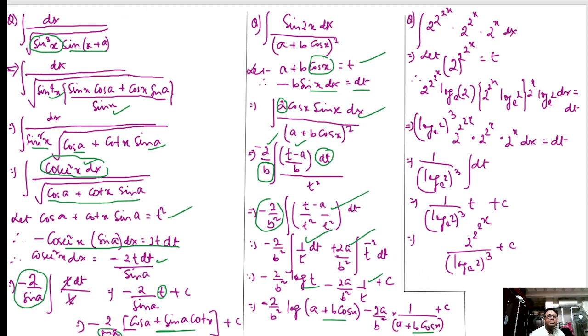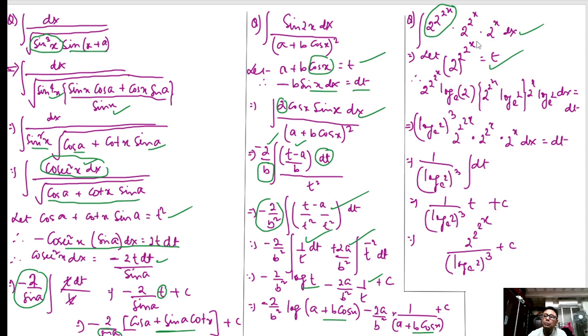Now friends, another very, very important type of sum, if you can note it, which is here: integration of 2 to the power 2 to the power 2 to the power x, dx. So let us take this whole thing as t.